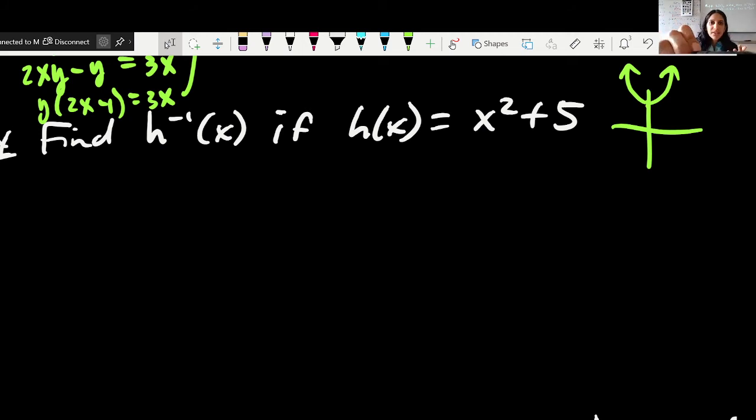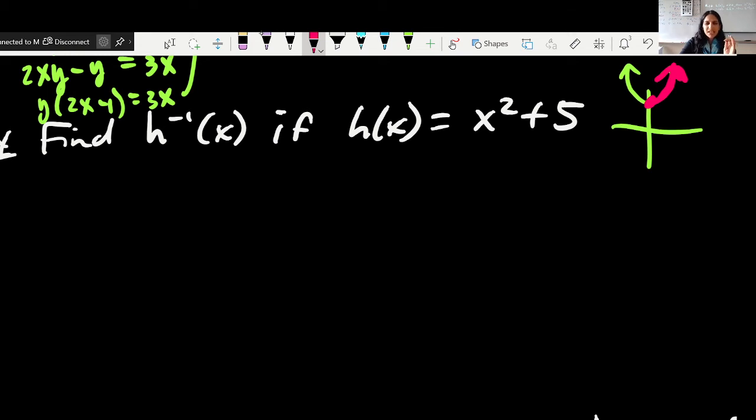So what we can do in that scenario is I could just chop off half of it, or I could restrict half of it. So in working with this, I could say I only want to deal with the positive values. Or I could deal with the negative ones. It really doesn't matter.